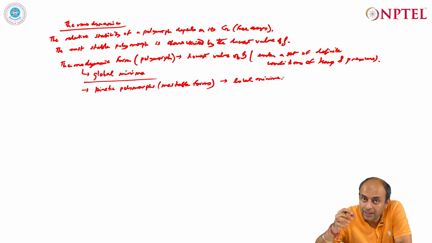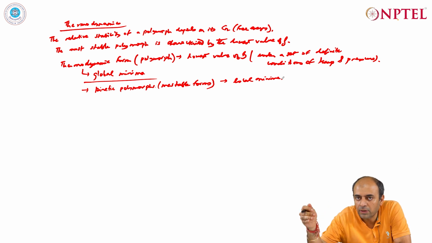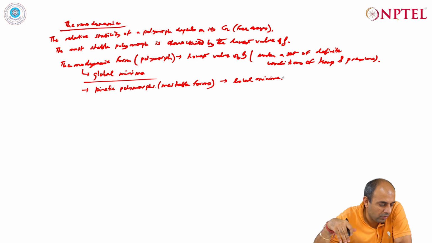However, it can still continue to exist for an indefinite period of time in the kinetic form and not necessarily convert into the thermodynamic form unless you have provided it the necessary activation energy to convert it to the thermodynamic form. Contrary to this, there are some systems, some compounds, where the kinetic form tends to slowly convert over a given period of time into the thermodynamic form as well. So, you can have a kinetic to thermodynamic conversion.